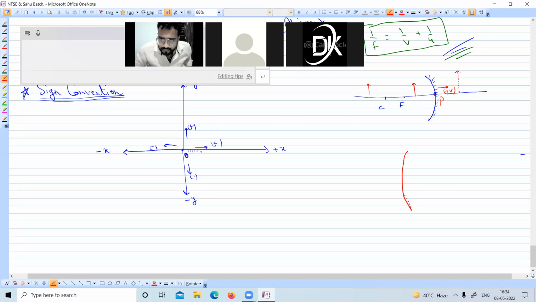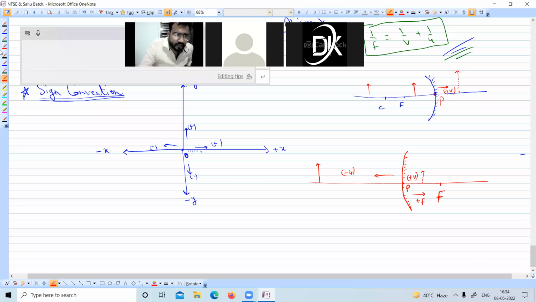If this is a convex mirror, you will say, sir, u will always be negative because from the pole I have to move this way, and the focus will always be positive for a convex mirror. Focal length, and v will be formed here virtually, so v will always be positive. You will say this for a convex mirror, yes or no? And you will use this same pattern.